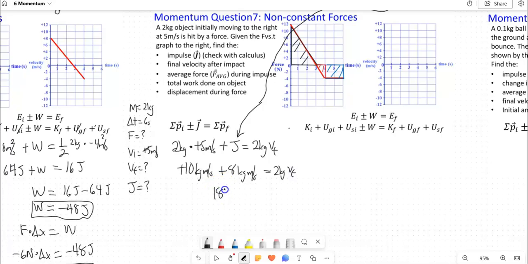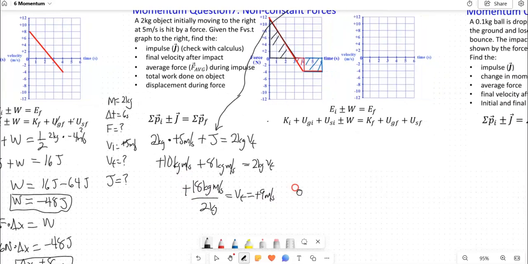So this is 18 kilogram meters per second, which we're going to divide by 2 kilograms, and that's going to give us the final velocity, which is what is that? 9, positive 9 meters per second. Okay, so now we have the final velocity.